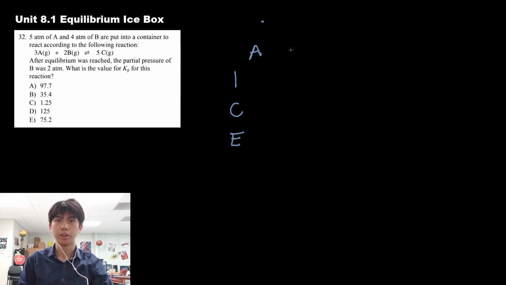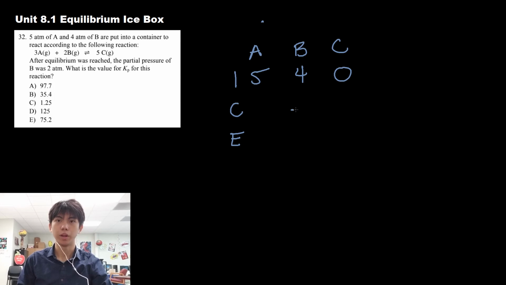So we can write an icebox for each of the elements here. We start out with 5 ATMs for A, 4 ATMs for B, and C right now has zero ATMs. Your change, the variable that's going to change, is basically just the coefficient that goes right next to the element.